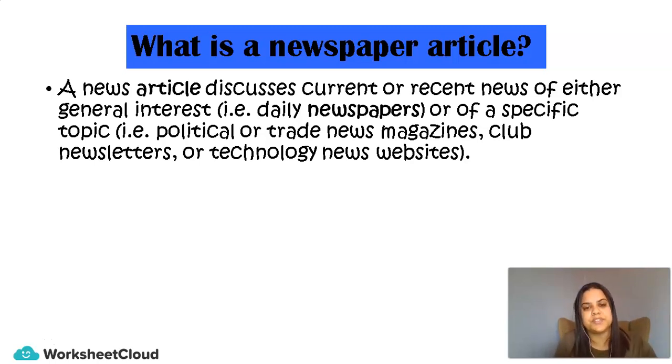Those are all examples of the different kinds of newspapers you can get. And it can be international news or local news that's specific to your city or your country.